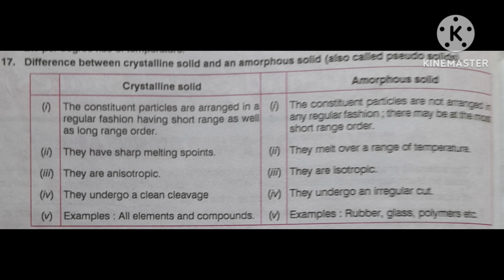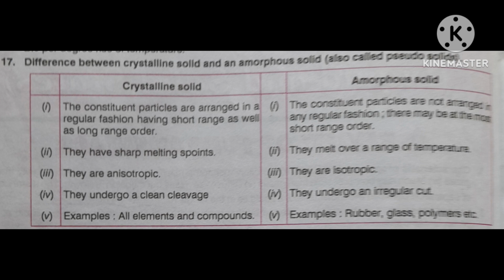Third difference: crystalline solids are anisotropic, and amorphous solids are isotropic. Iso means same.